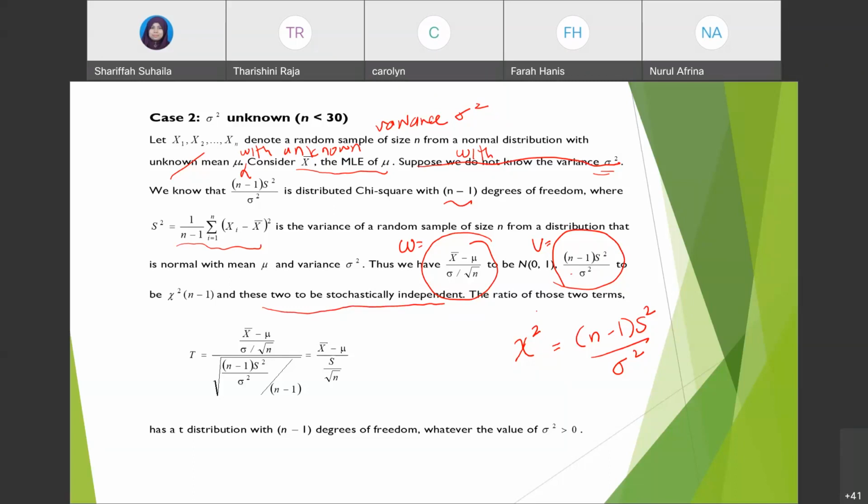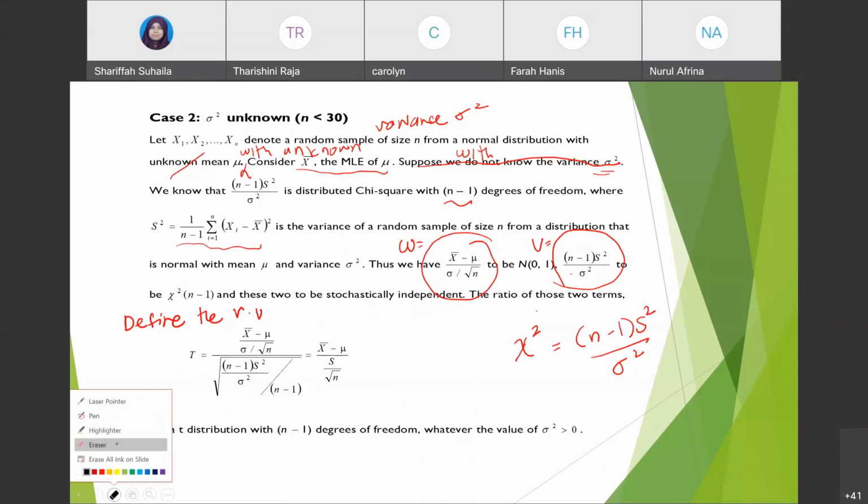So let's say we define a random variable t. Okay, define the RV random variable t. The random variable t.